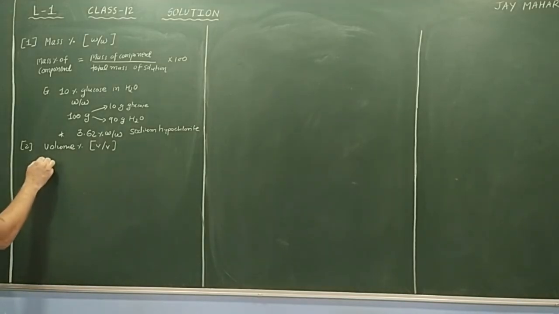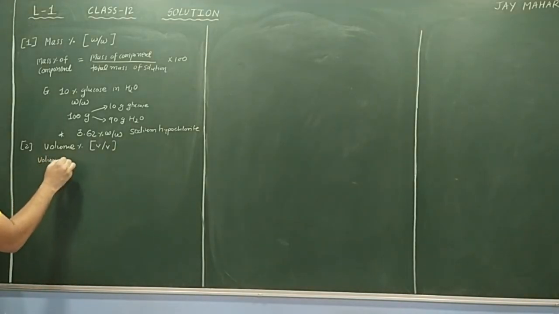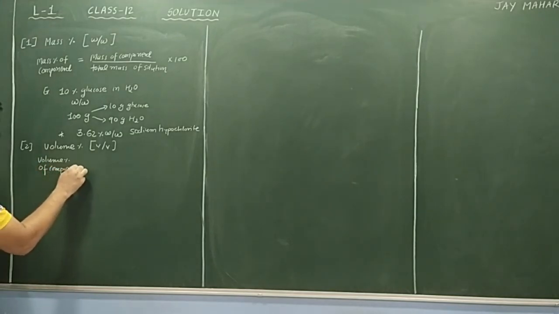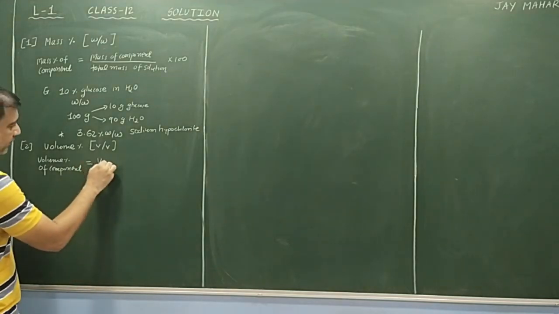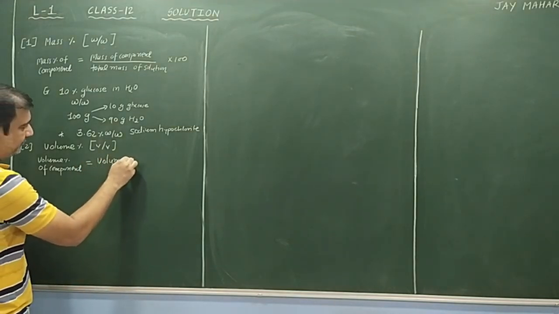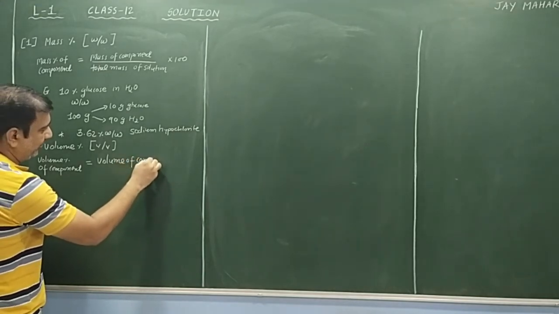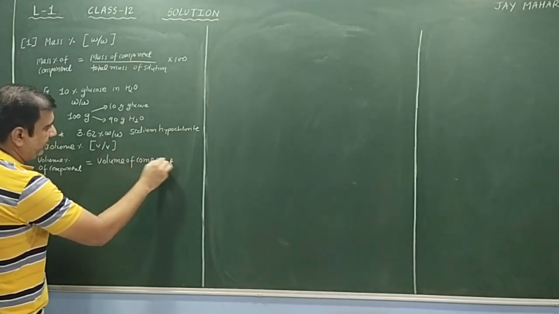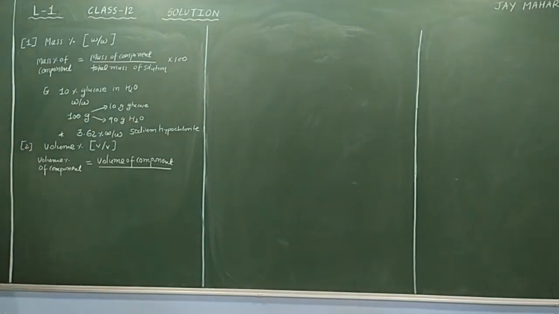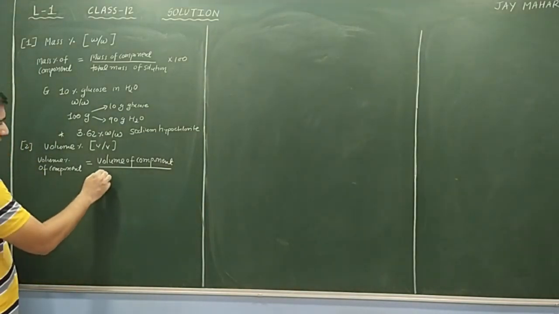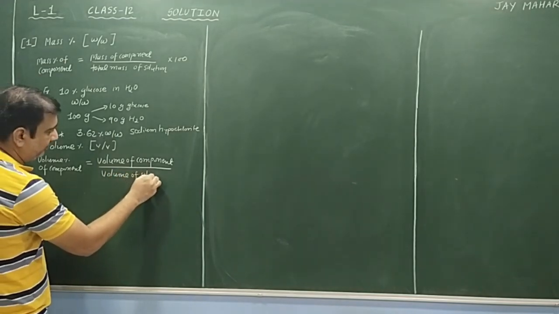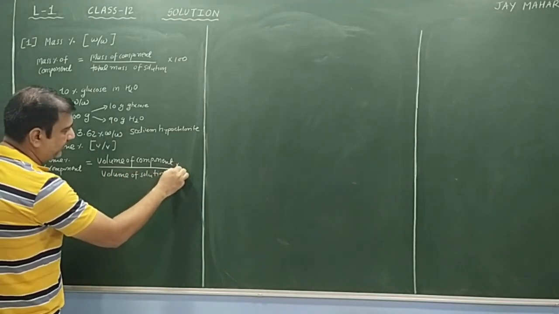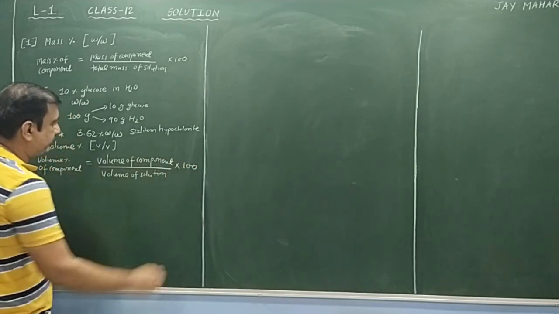That means volume percentage of a component is equal to the volume of the component divided by the total volume of all the components, that means the volume of solution, into 100.